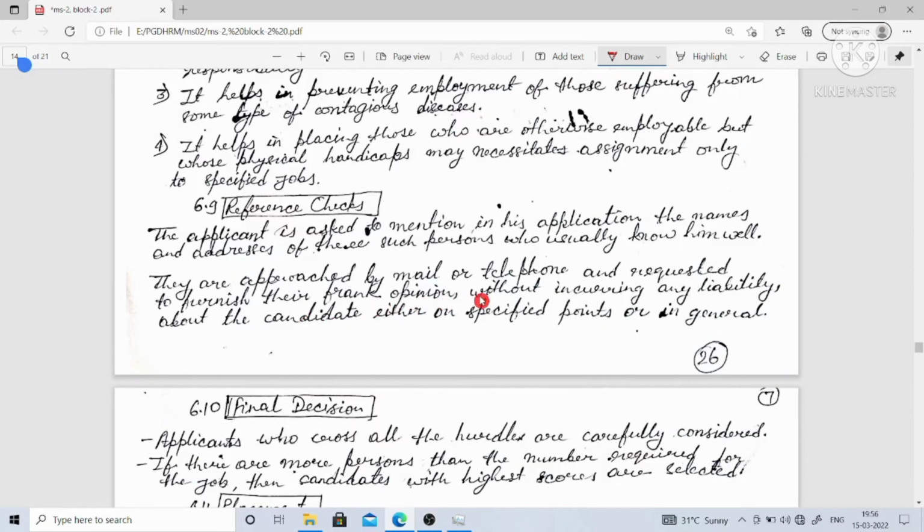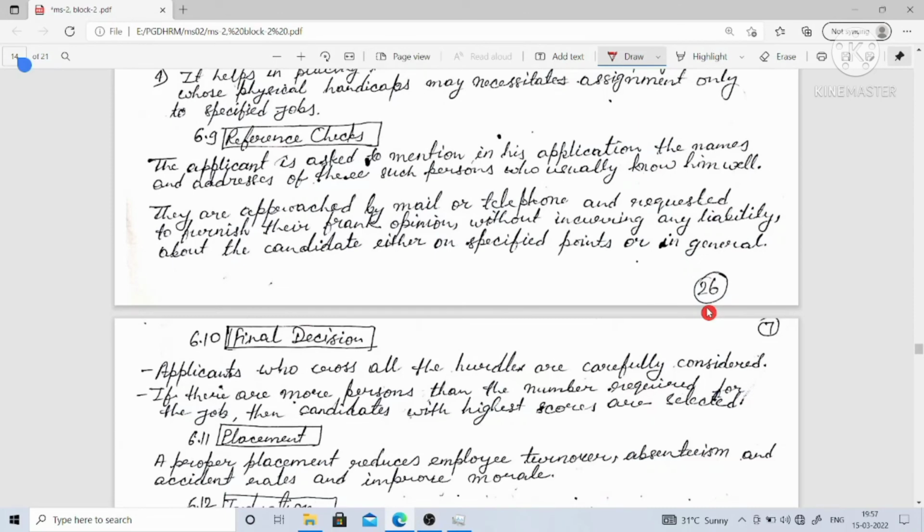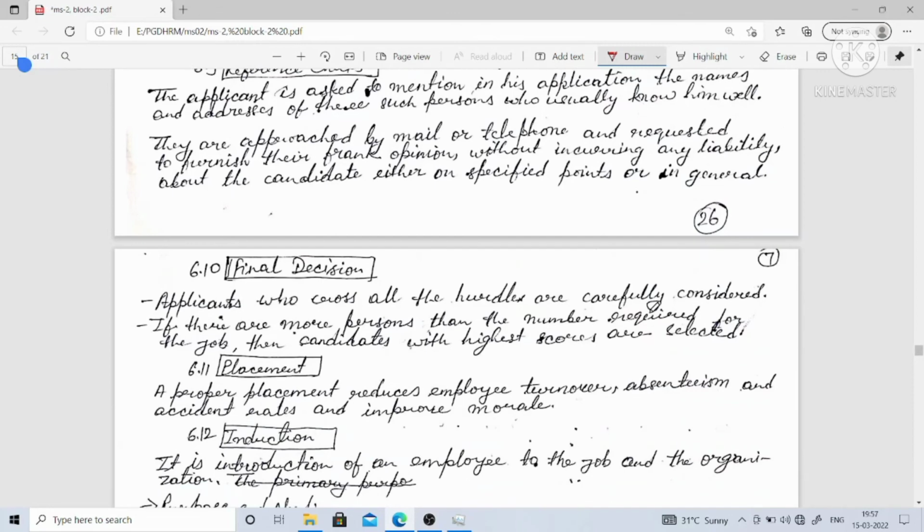This means frank information regarding the candidate can be obtained from reference checks by asking some people who know the candidate well.